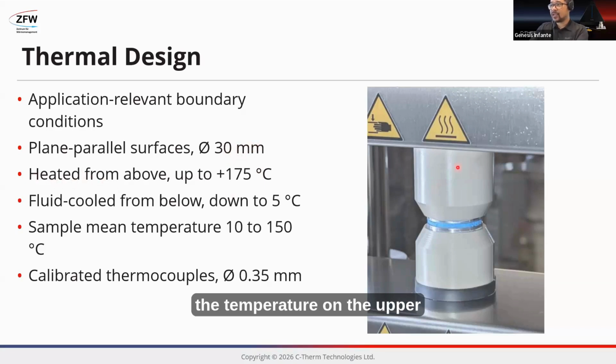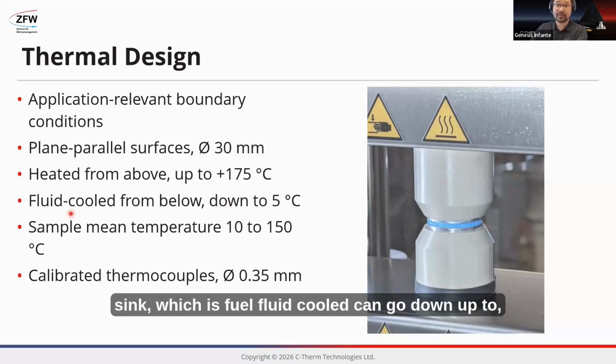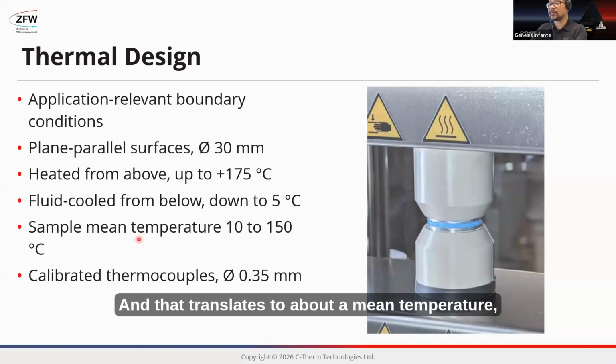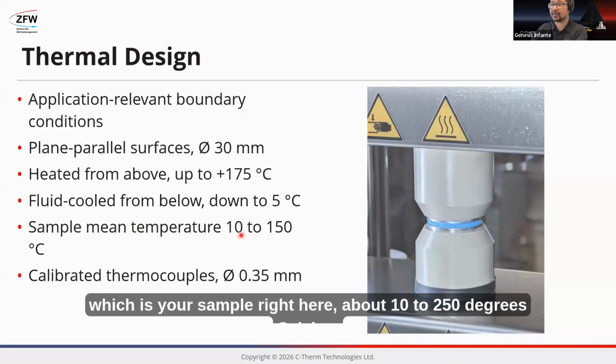The temperature on the upper bar can go up to 175, while the heat sink, which is fluid cooled, can go down to 5 degrees Celsius, and even lower. It really depends on the dew point of your environment, and that translates to a mean temperature at your sample right here of about 10 to 150 degrees Celsius.